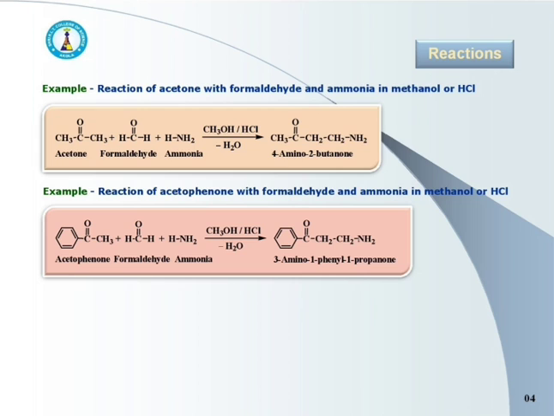In the second reaction, acetophenone is reacted with formaldehyde and ammonia. Here, the product is 3-amino-1-phenyl-1-propanone. These are some examples of Mannich reactions where we may use ammonia or primary amines, or we may use the secondary amines so as to form the Mannich base.